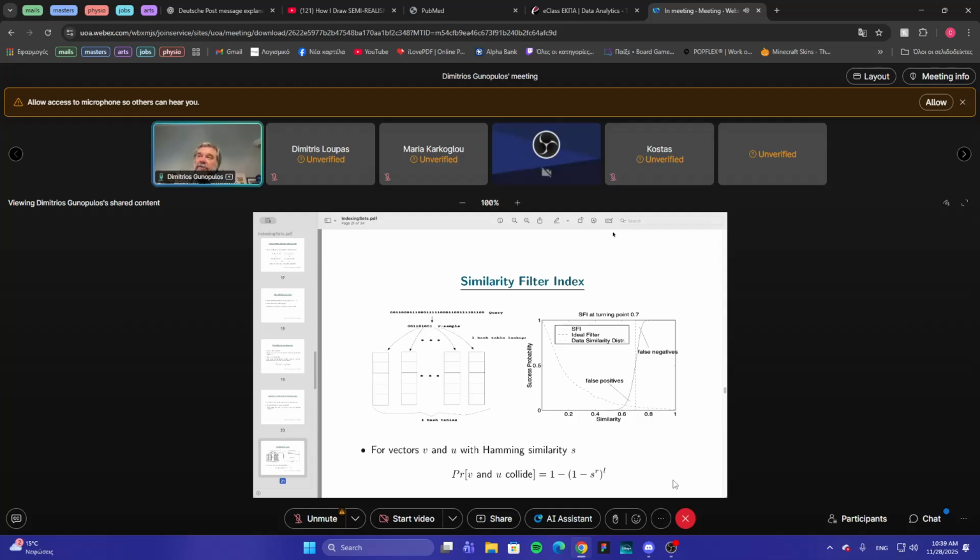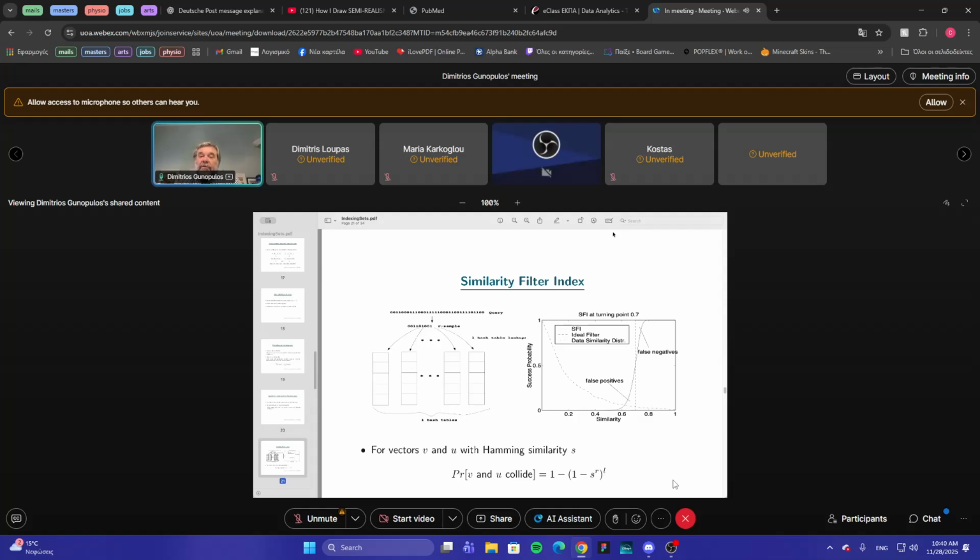And this will give me a first cut. It will give me a first idea on which documents are likely to be very similar to me. And also it will tell me which documents are very unlikely to be similar to me, and therefore I can throw them away and not check them.